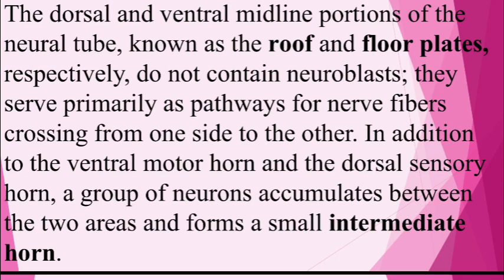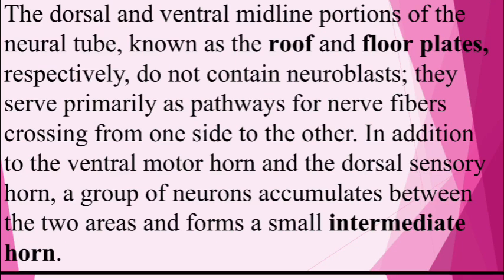At the dorsal midline portion you have the roof plate. At the ventral midline portion you have the floor plate. They do not contain neuroblasts. They serve primarily as pathways for nerve fibers crossing from one side to the other.